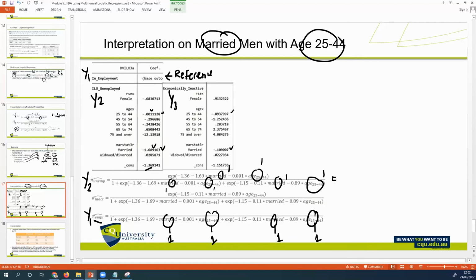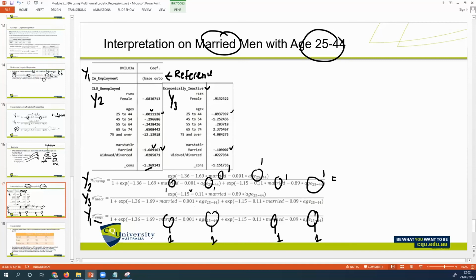And then Y3, economically inactive. So Y3 is 1.15 constant minus 0.11 times merit minus 0.89 times ages 25 to 44, divided by 1 plus exponential of the same.